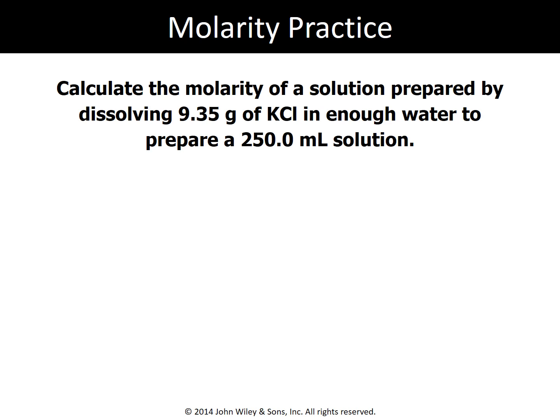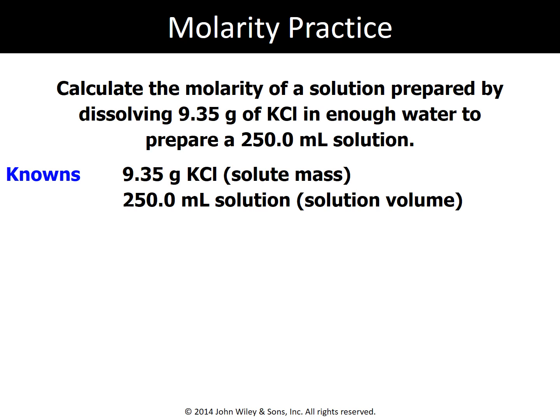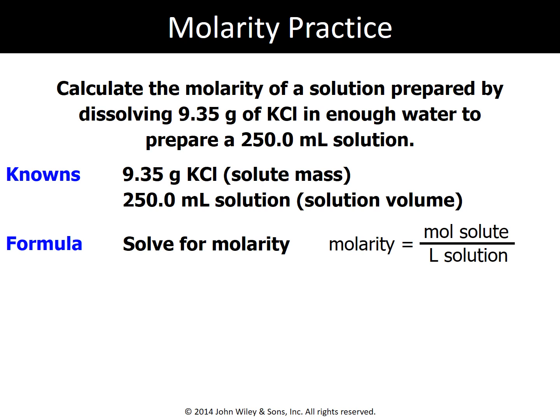So let's look at some examples. Calculate the molarity of a solution prepared by dissolving 9.35 grams of potassium chloride in enough water to prepare a 250 milliliter solution. So here our knowns are 9.35 grams and 250 milliliters. So here we're going to need to do two things with our numbers. Our first step is going to be converting our 9.35 grams to moles, and then converting 250 milliliters to liters.